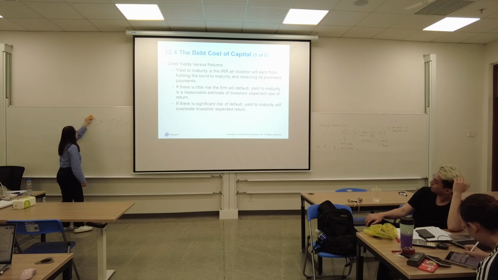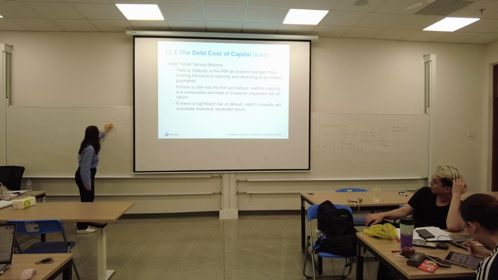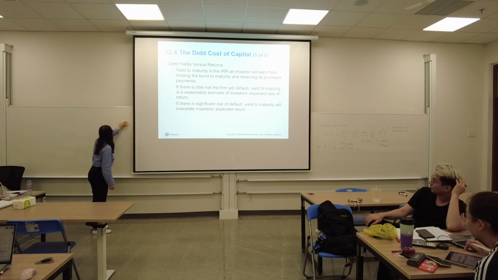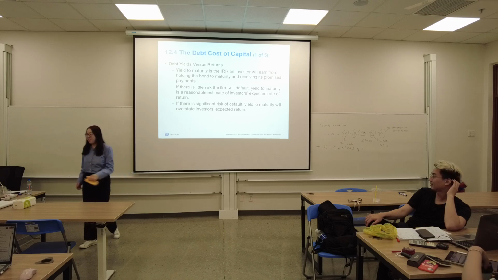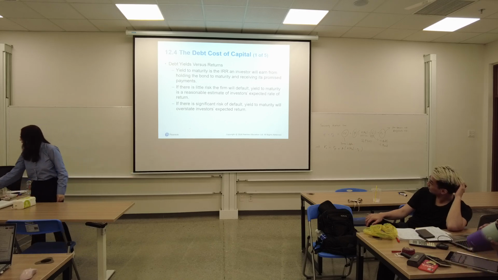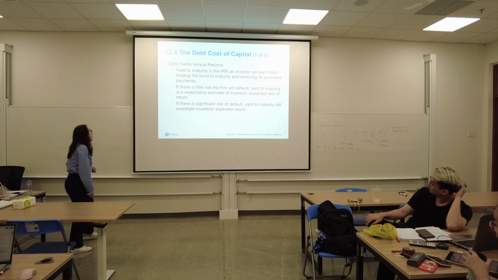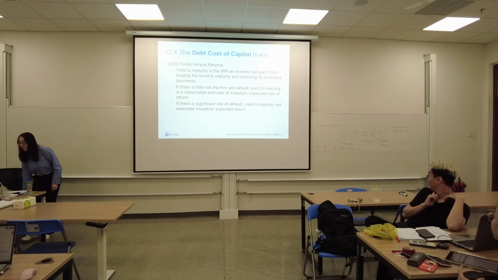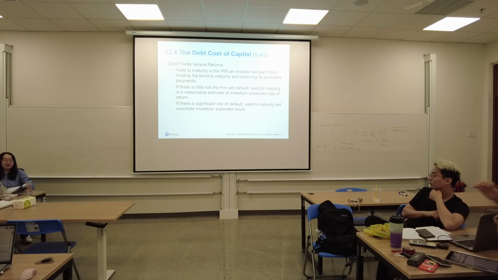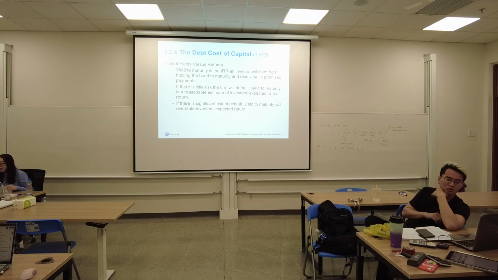So it seems everyone is more comfortable calculating the cost of equity. For the cost of debt, there are two ways of calculating it, either by using the CAPM or using the probability of default. Now, let's go through it.